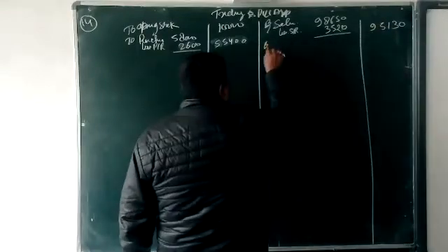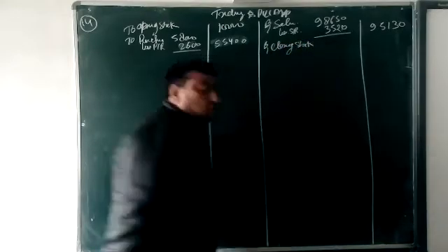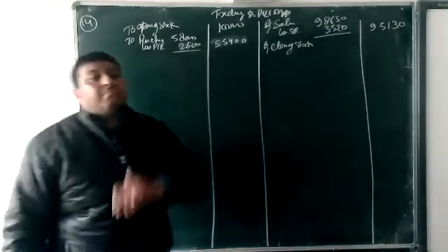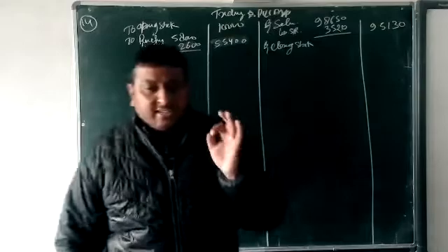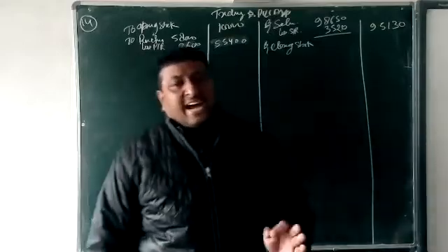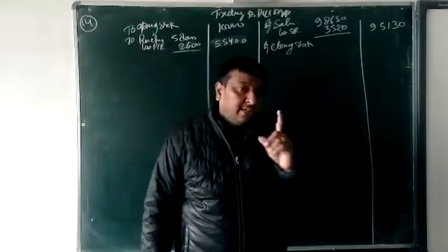Then closing stock. This closing stock is given outside of the trial balance, so write it as a note. If closing stock is given in the trial balance, then we show this closing stock only in the balance sheet.